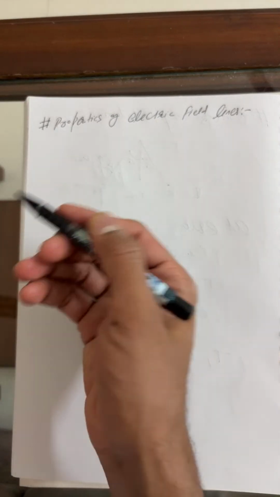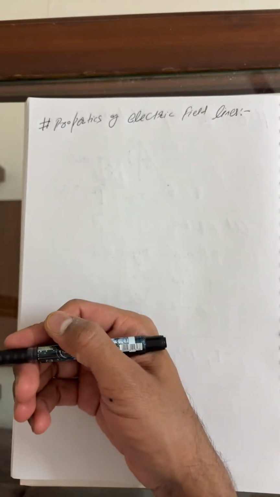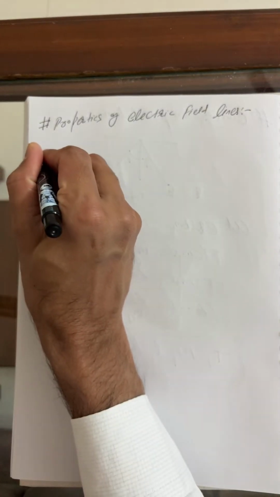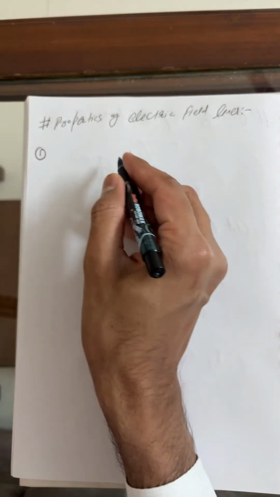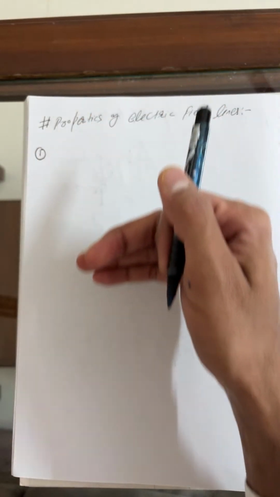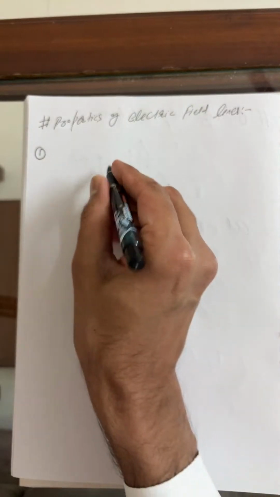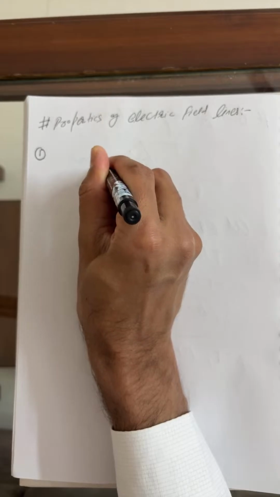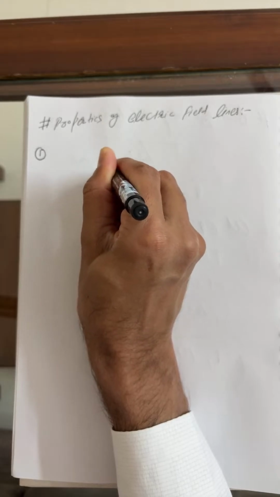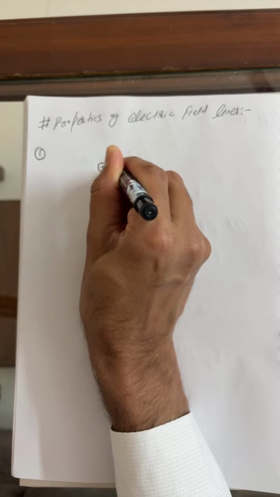Here, students, I'll recapitulate everything in sequence, so you can revise. This is the first one. I already said it, but I'm repeating it so that the entire concept is together. Properties of electric field lines: a positive charge you can treat as a source.